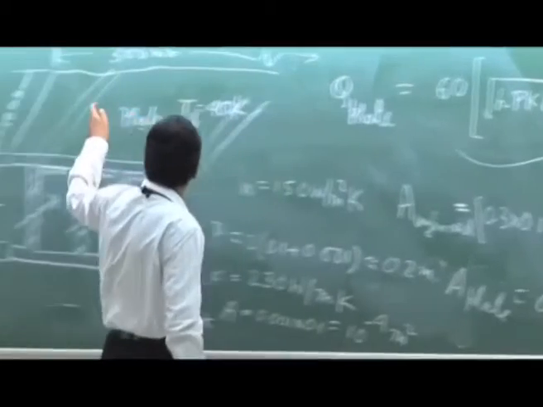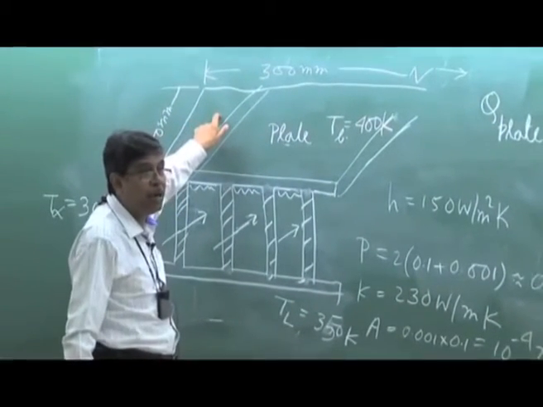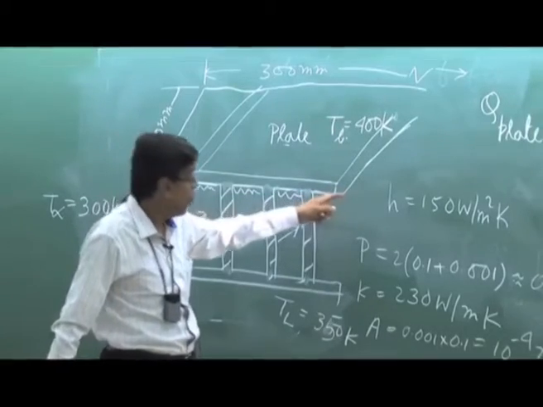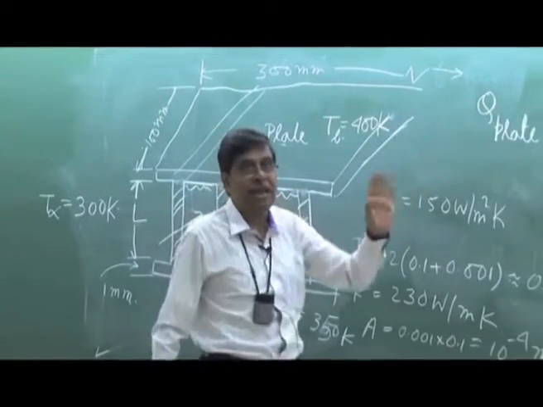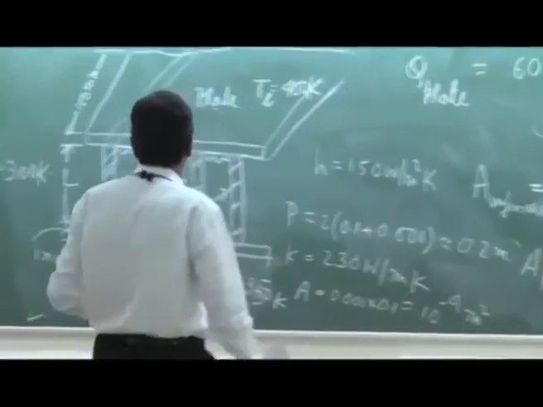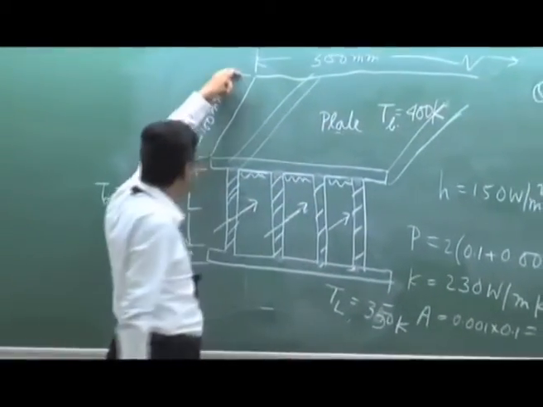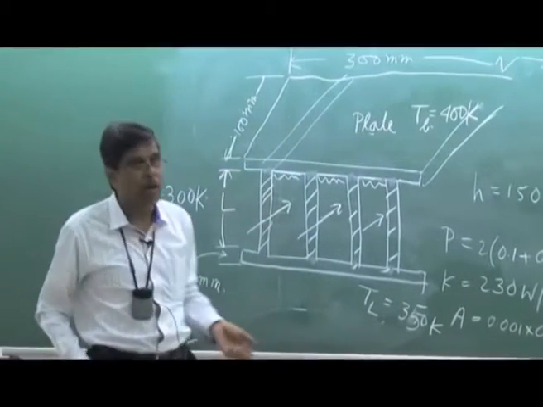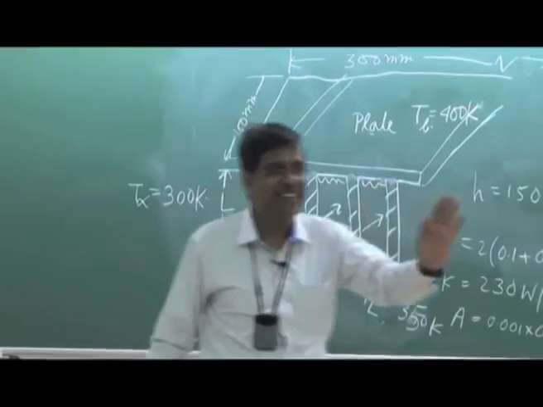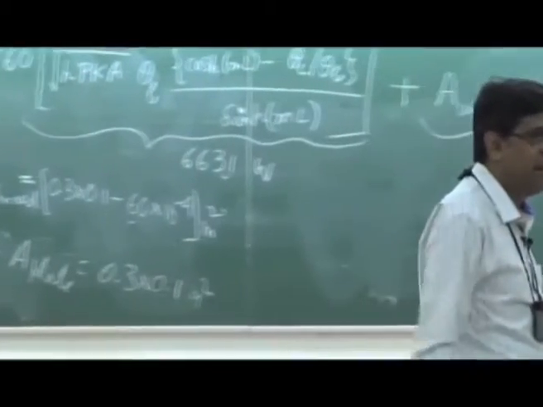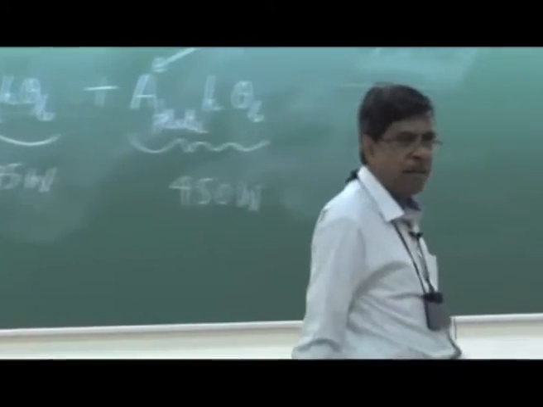From the top surface of the plate, and the end surface of the plate, that is neglected. End effects are neglected. He is asking about the end surface of the plate, that means 100 millimeter into 1 millimeter cross-sectional area. Very good, that is neglected. A good question. That is not taken. If you take it, extra credit.